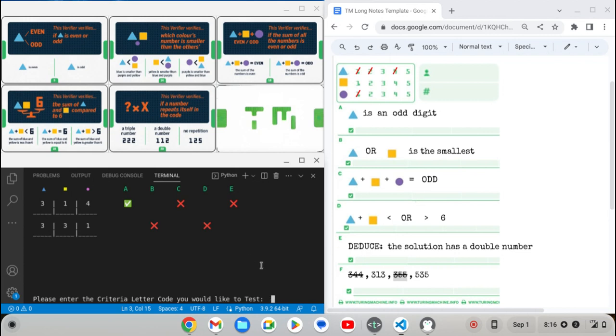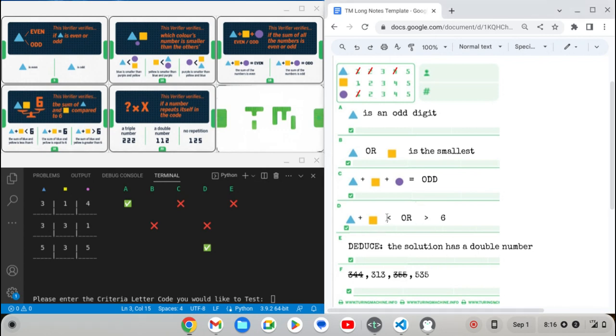Oops, I do need to go to a new round, so I'll type in N for new, and there we go. It's prompting me for the new proposal, and I'm saying 535, and I am going to test just the sum of the first two digits, and that would be criteria card D. Okay, so yes, the sum has to be greater than 6.